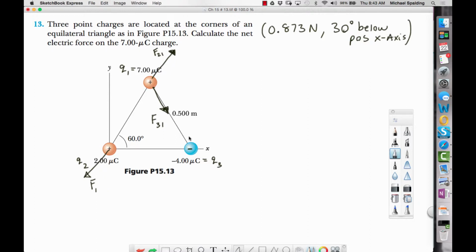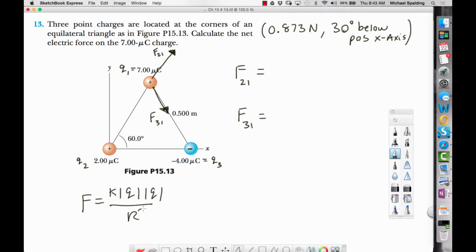So first thing you got to do is use Coulomb's law to find out what these forces are. We're going to solve for F21 and F31. For sake of time, I'm just going to talk about how you do it. All you're doing is plugging into the equation for force between charges, Coulomb's law, kQQ over r squared.